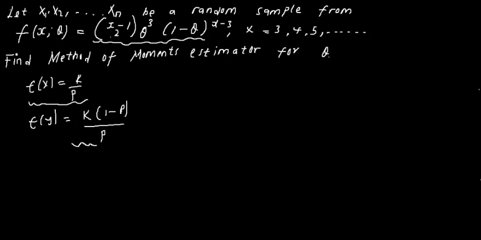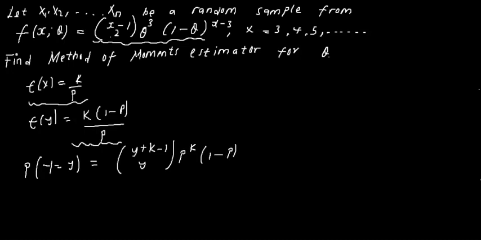And we know that this expected value is of the negative binomial of the form y plus k minus 1, choose y, p^k, (1 minus p)^y.